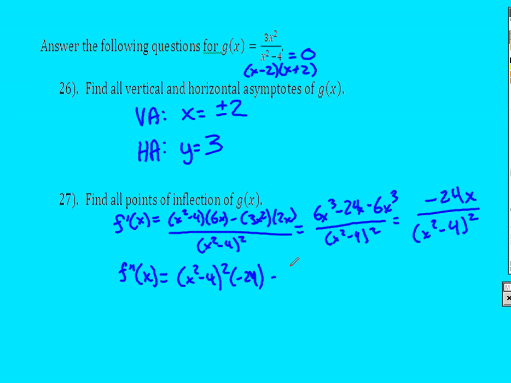Minus high d low. So minus negative 24x d low will be chain rule. So 2 times (x squared minus 4) times 2x. And then all that will be divided by low squared, which is (x squared minus 4) squared, squared means to the fourth power.